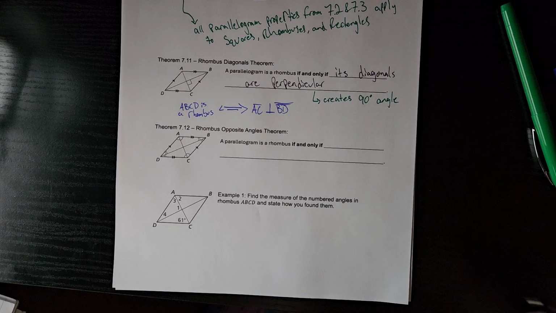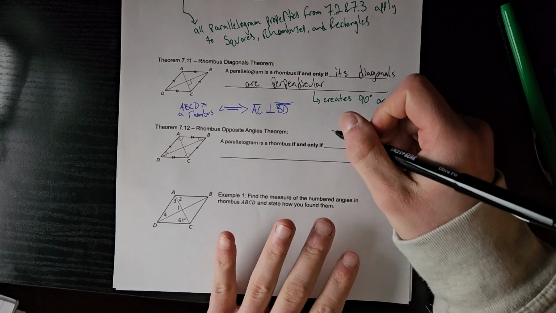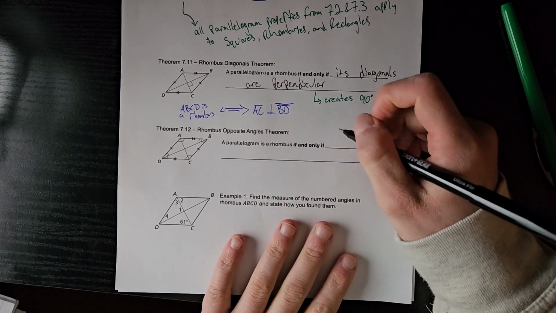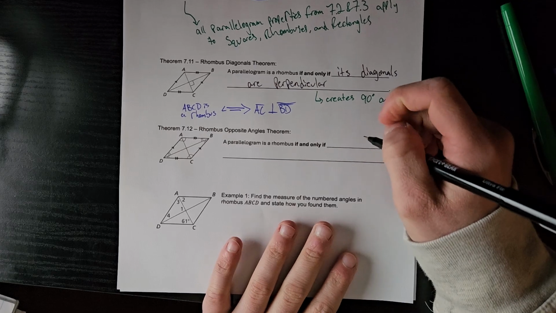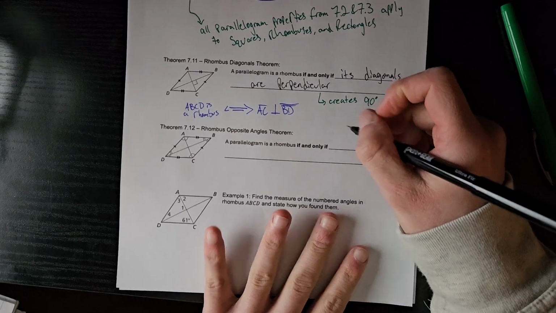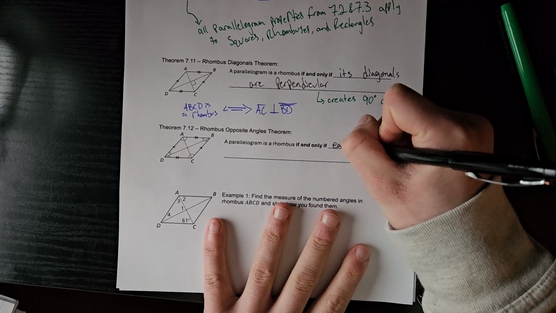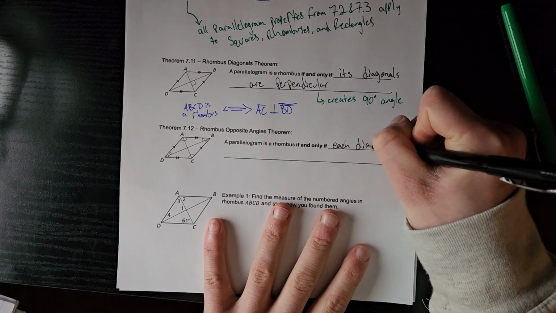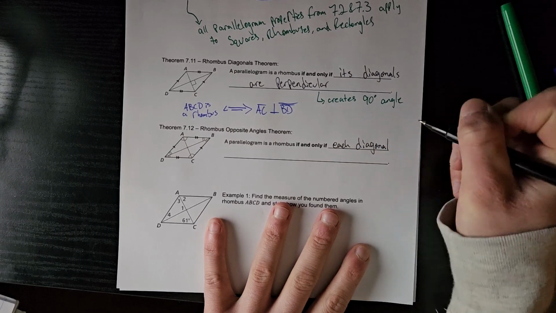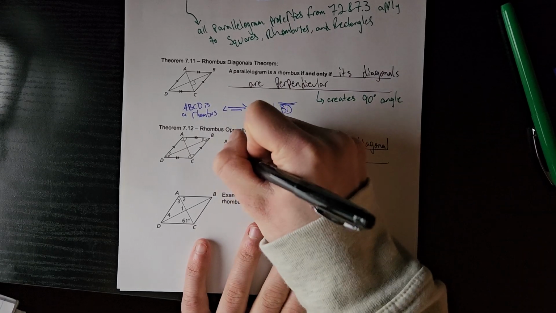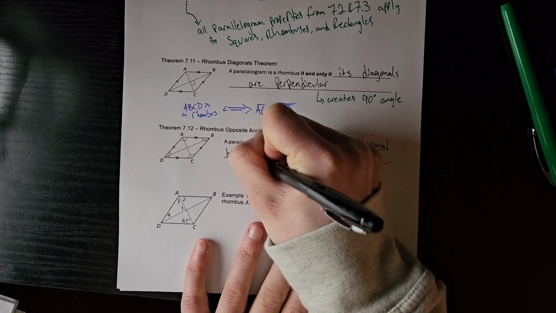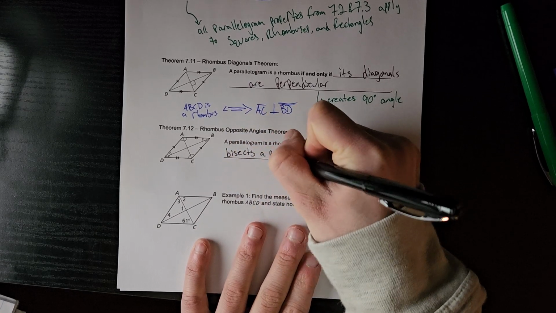Furthermore, 7.12 is also an if and only if statement, saying that a parallelogram is a rhombus if and only if each diagonal bisects a pair of opposite angles.